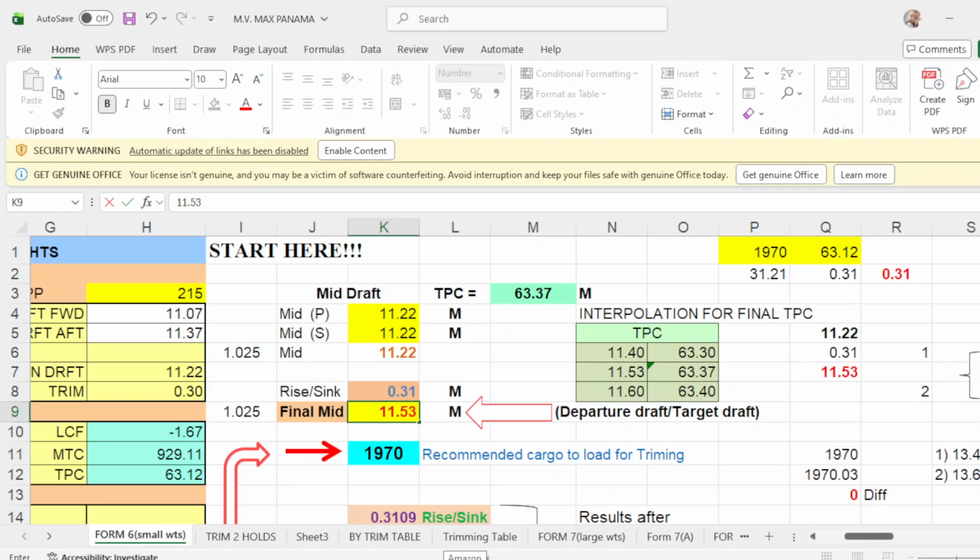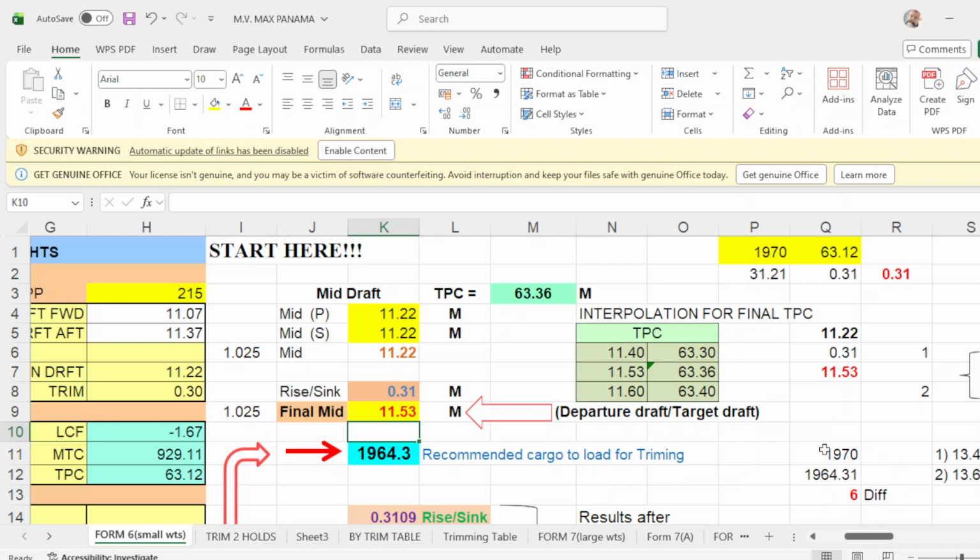So you put 11.53, and your sinkage will be 0.31, and the recommended cargo to load is 1964.3, with a difference of 6 metric tons.